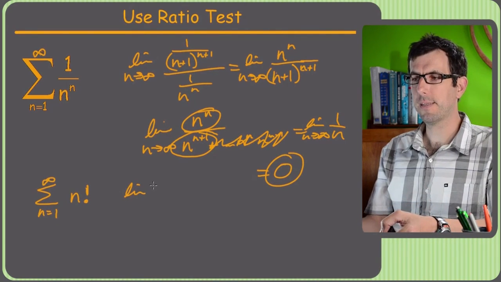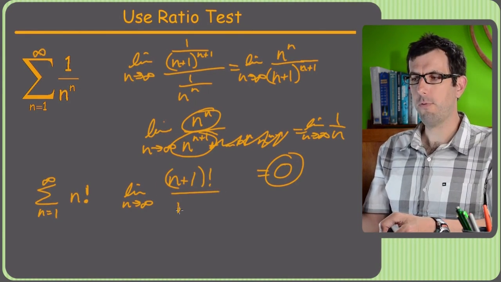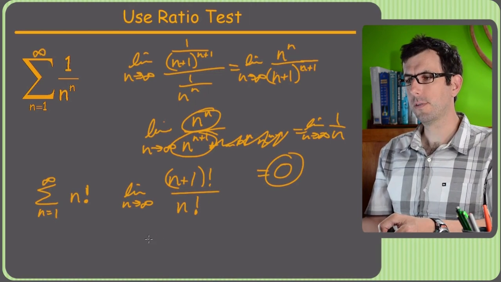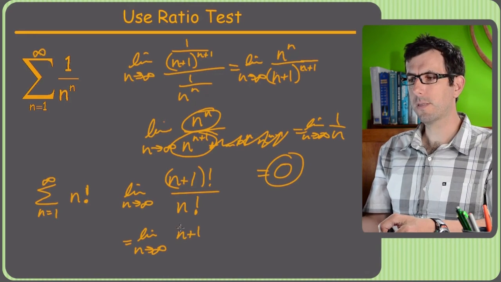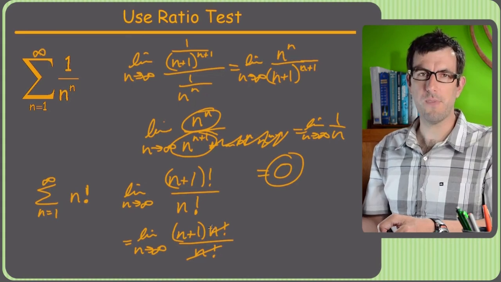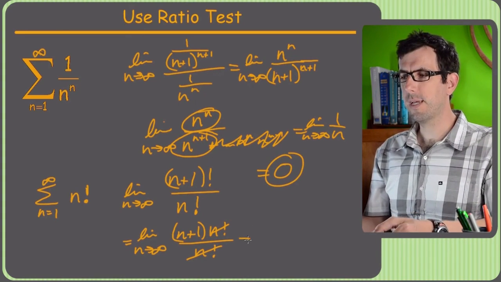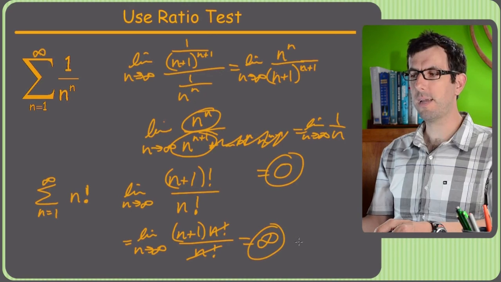We take the limit as n approaches infinity of n plus 1 factorial over n factorial, which is going to be the limit as n approaches infinity of n plus 1, because with factorials, you always want to take that n plus 1 factorial as n plus 1 times n factorial. The n factorials cancel, and we get the limit as n approaches infinity of n plus 1, so obviously that's infinity. And infinity is bigger than 1, therefore this diverges.